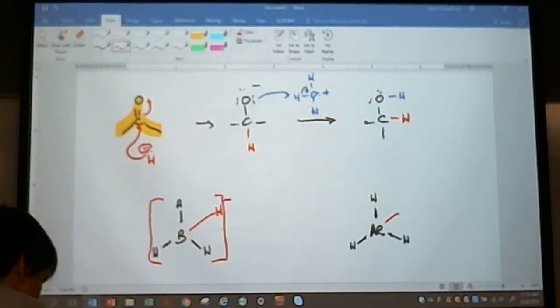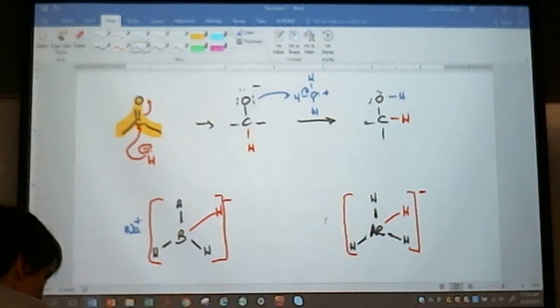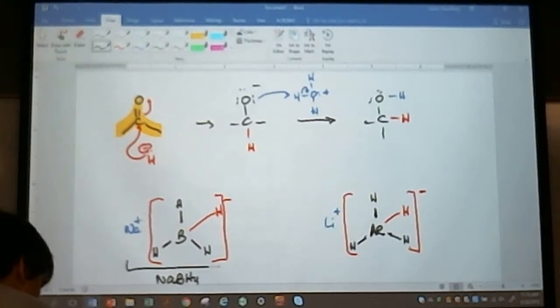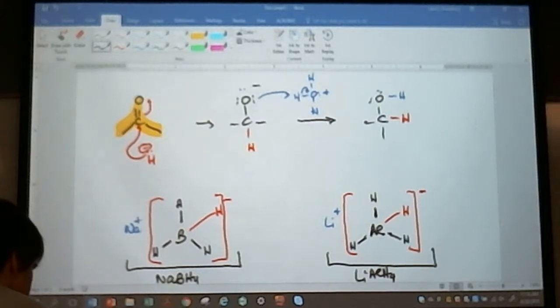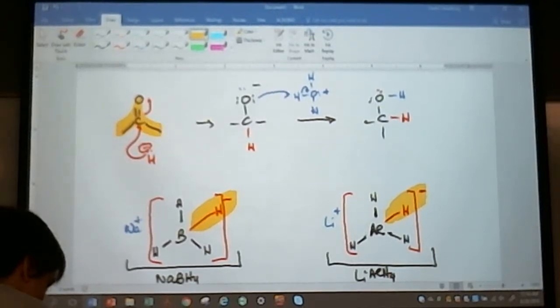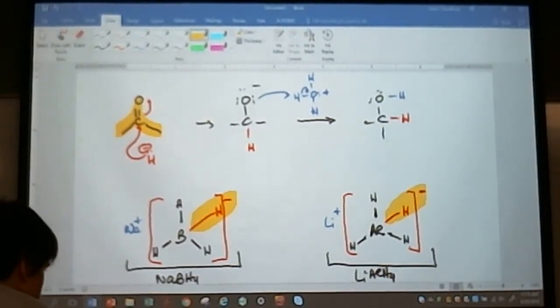So we would have this negative ion that we can then pair up with a positive ion, sodium or lithium. That would be sodium borohydride or lithium aluminum hydride. But effectively, these are sources of a hydrogen with 2 electrons and a negative charge. That is the source of your hydrogen ion.